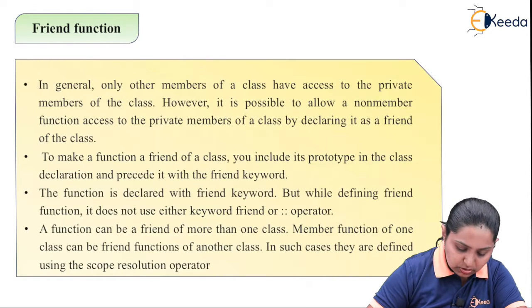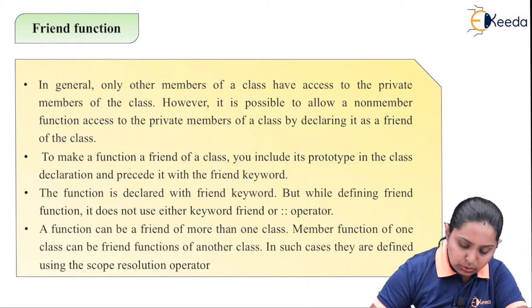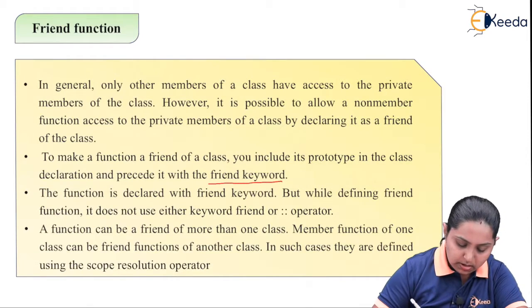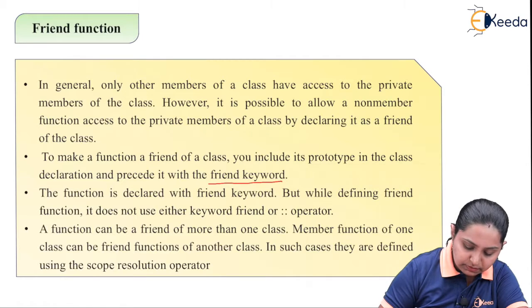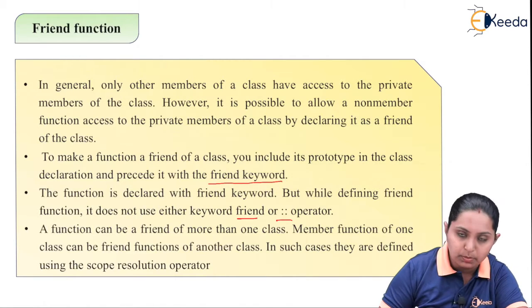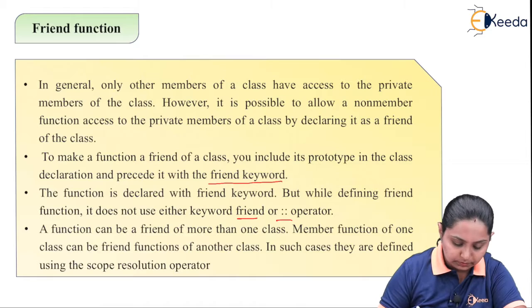To make a function a friend of a class, you just need to include its prototype in the class declaration and precede it with the keyword friend. A function is declared with the friend keyword, but while defining a friend function, it does not use either the keyword friend or the scope resolution operator.